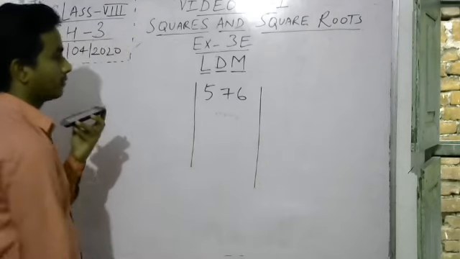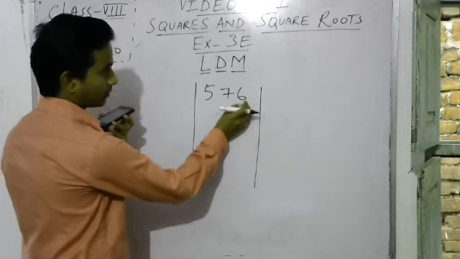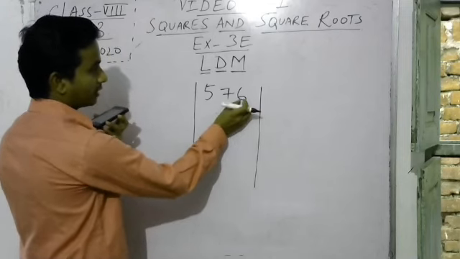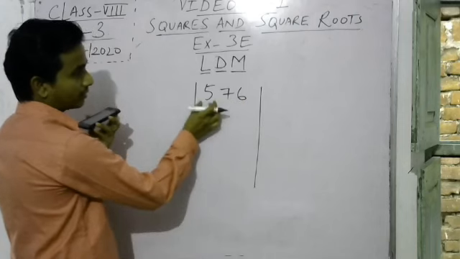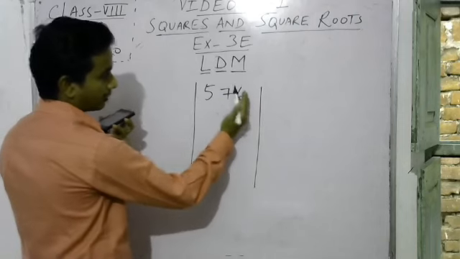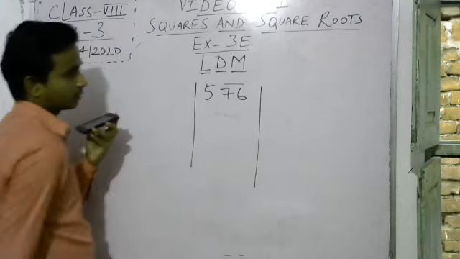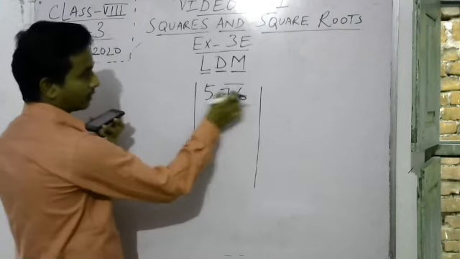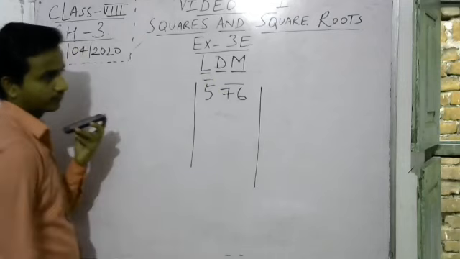So first of all, from the units digit of a number, we have to make pairs of 2 digits. Start making pairs, moving from right to left. So here we make a pair of 2 digits, and here there is only 1 digit, so leave it alone.